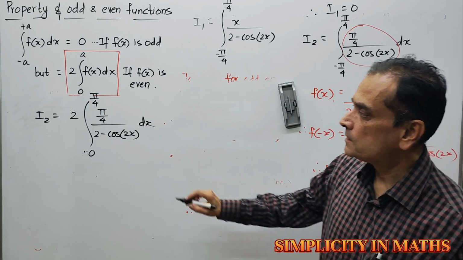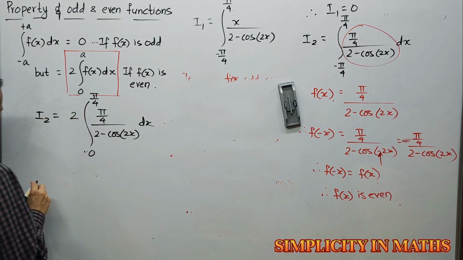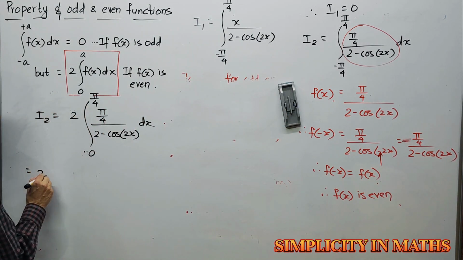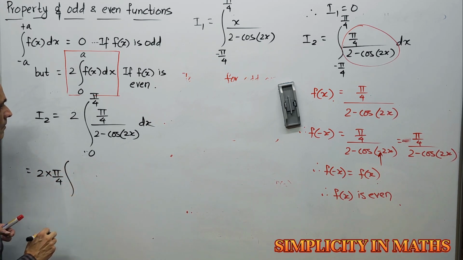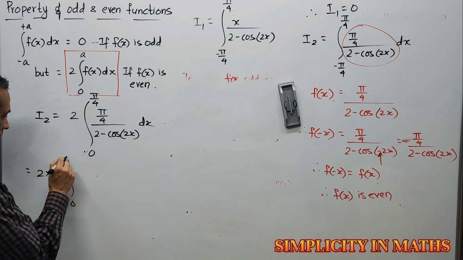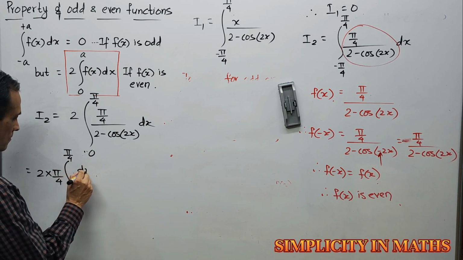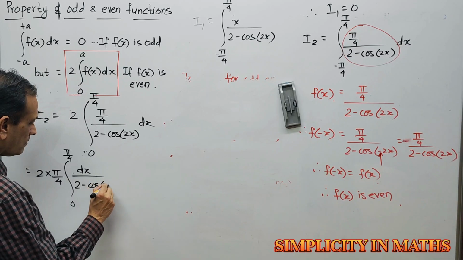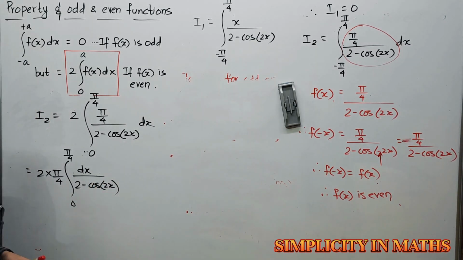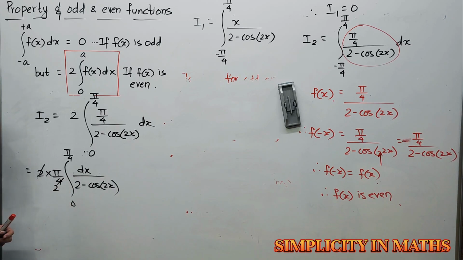Now you have to solve this. पाई बाय 4 कांस्टेंट बाहर ले लो. टू इंटू पाई बाय 4, पाई बाय 2.